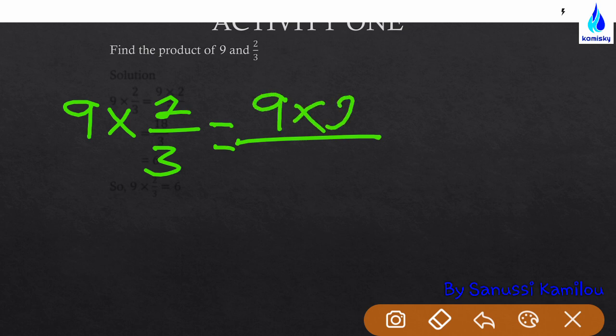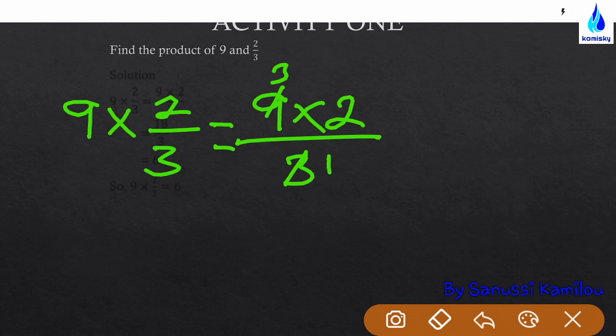You can write it as 2 times 9 over 3. You can simplify before doing your work. Then you ask yourself, can 3, the denominator, go into 9, so that a number simplifies the 9 and the 3 at the same time? Yes, we can see that 3 can go into 9 three times and 3 can go into 3 once.